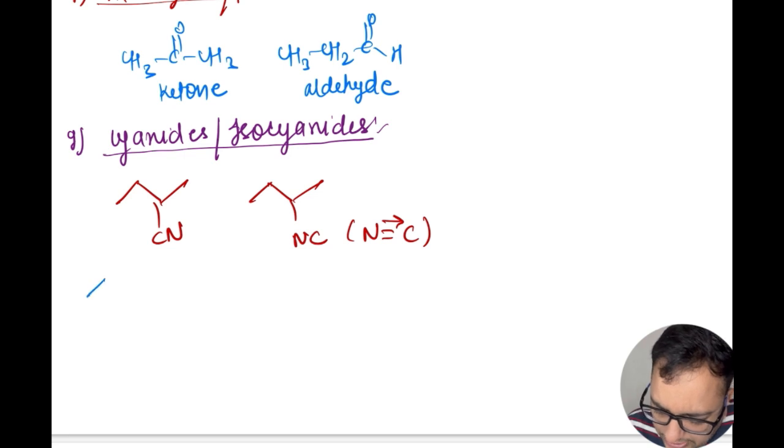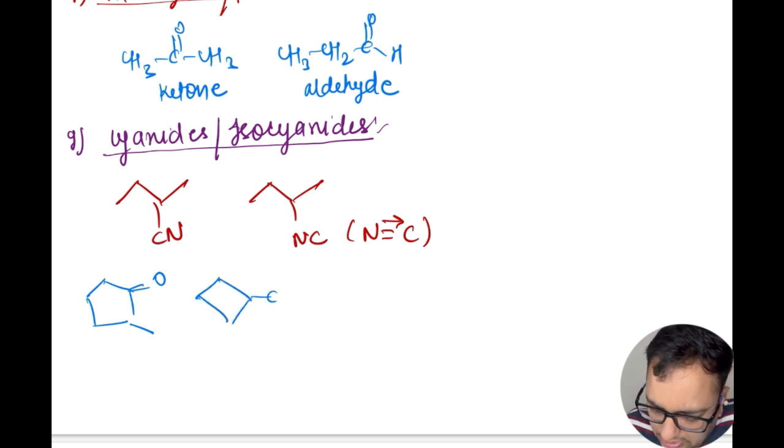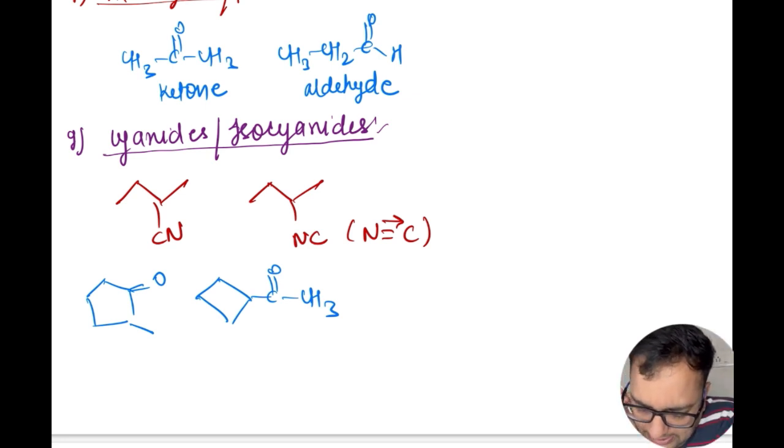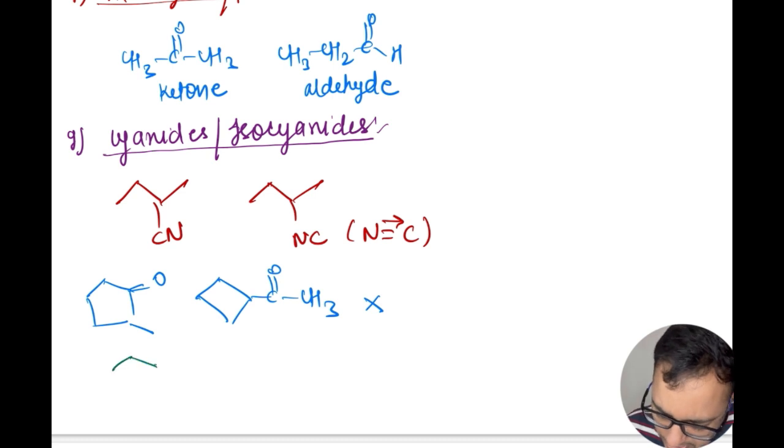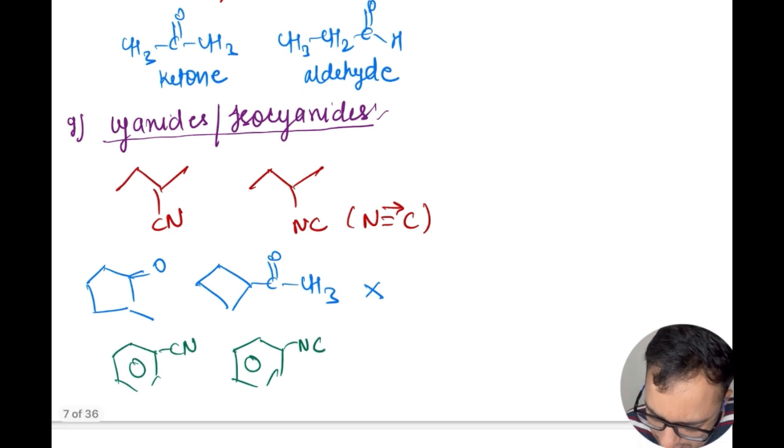Another example we could take, one example of the previous examples. Is it a functional group isomer? Both are ketones, so this is not a functional group isomer. If we take one more example like cyanide and isocyanide, this is cyanide, this is isocyanide.